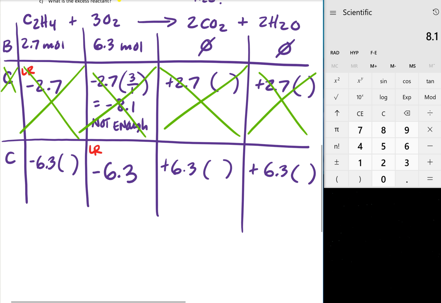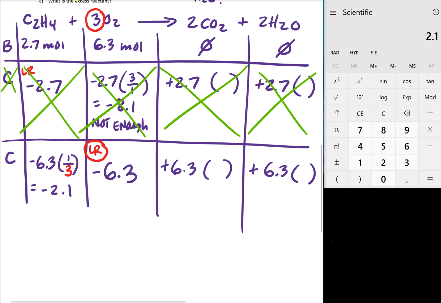So for C2H4, its coefficient is 1. The coefficient of your limiting reactant is always the denominator. So our LR we said was oxygen, and I'm going to circle its coefficient of 3 for emphasis that the 3 goes in the denominator. We're going to calculate this real quickly. 6.3 divided by 3, I get 2.1.